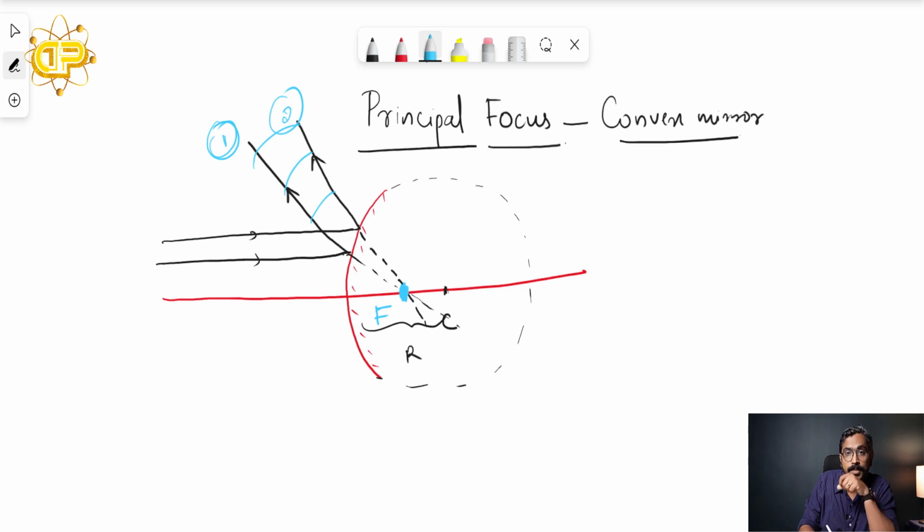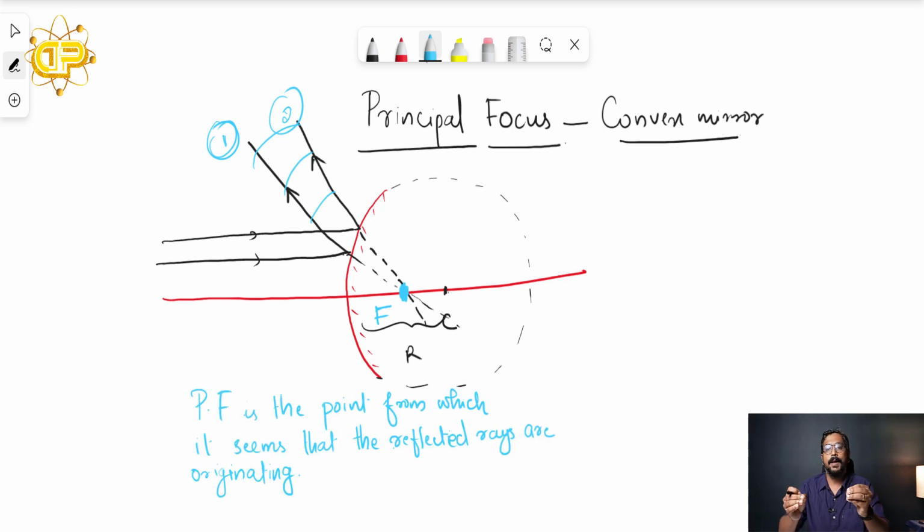Clearly we can define that in the case of a convex mirror, principal focus is a point on the principal axis from which it seems that the reflected rays are originating. So that's it about the principal focus of a convex mirror.